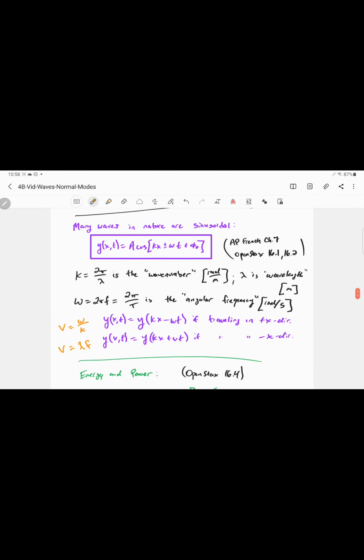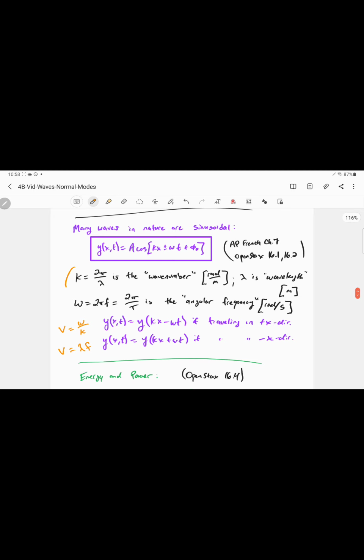Just like k describes how the wave varies in space, omega describes how the wave varies in time. This graph that I was talking about before is y versus x when you're talking about k. But when you're talking about omega, you're actually looking at y versus t. So now we specify a point on the wave, a certain x value, and that particle, if we're talking about displacements, is moving up and down in the y direction.